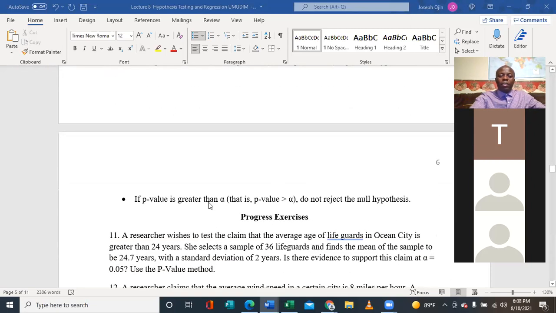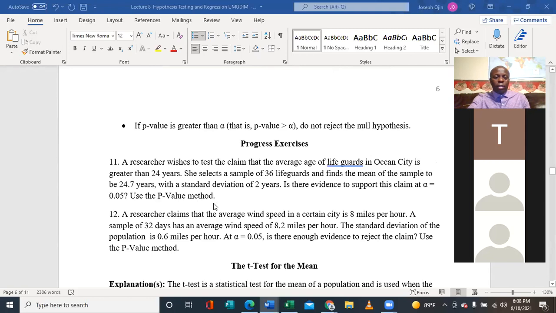But if the p-value is greater than alpha, do not reject. Unlike the traditional method, where if the calculated value is bigger than the critical value you reject, here if the p-value is greater than alpha, we do not reject the null hypothesis. But if the p-value is less than or equal to alpha, you reject the null hypothesis.